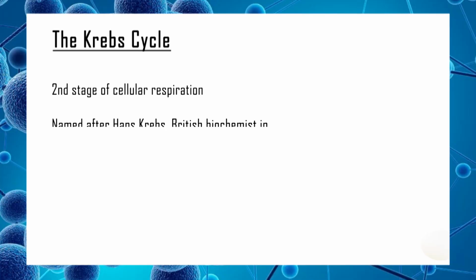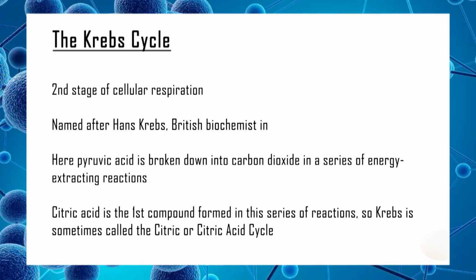In the Krebs cycle, the second stage of cellular respiration, named after Hans Krebs, a British biochemist, in 1937, pyruvic acid is broken down into carbon dioxide in a series of energy extracting reactions.